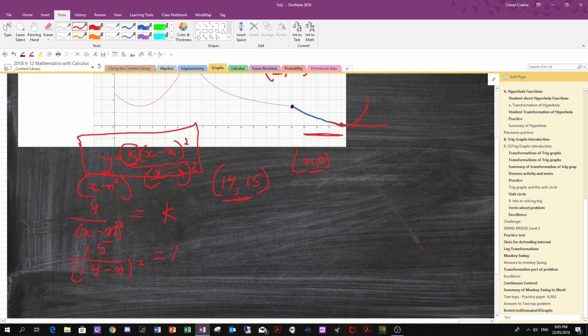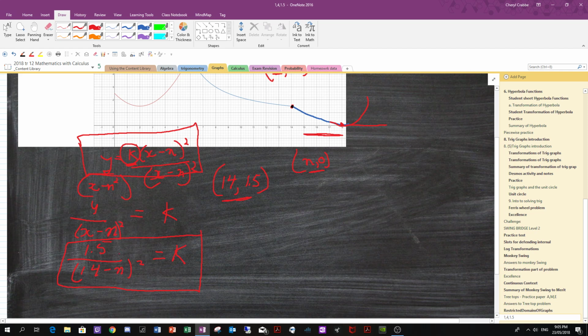Equals k. So what we've done is we've created a general expression for what the stretch of the quadratic is going to be, starting from 14 and 1.5 as a point, as the beginning point. And we don't have a value for n. N could be anything greater than 14, basically.